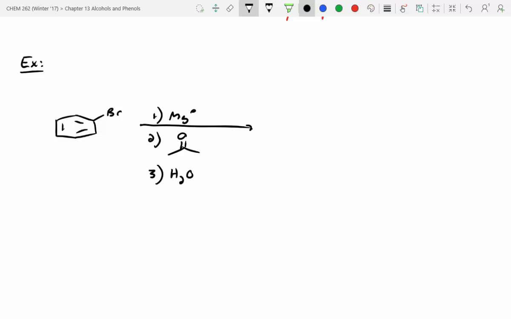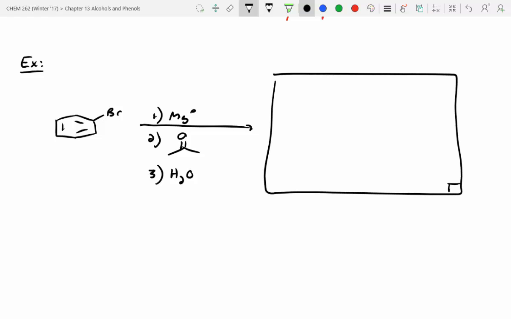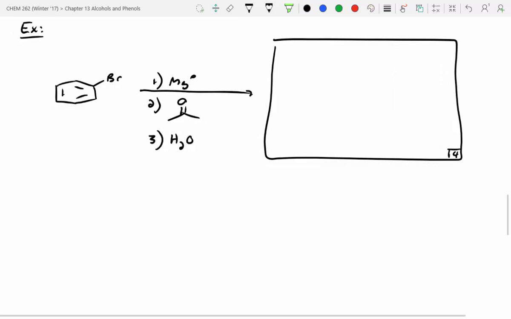And let's try to figure out what product we would get out after all of these. So I'll make this worth 4 points. Well, it's going to make this magnesium bromide, with magnesium inserting into the bond right here.